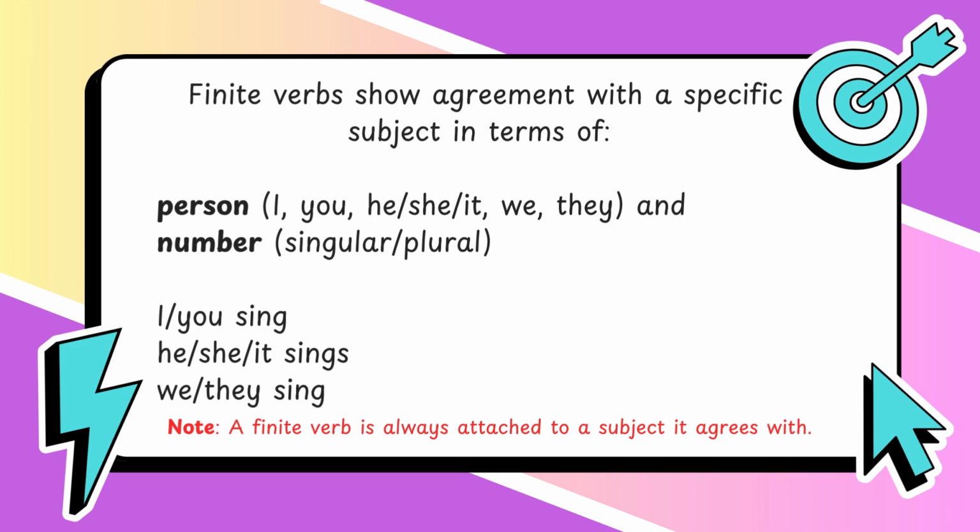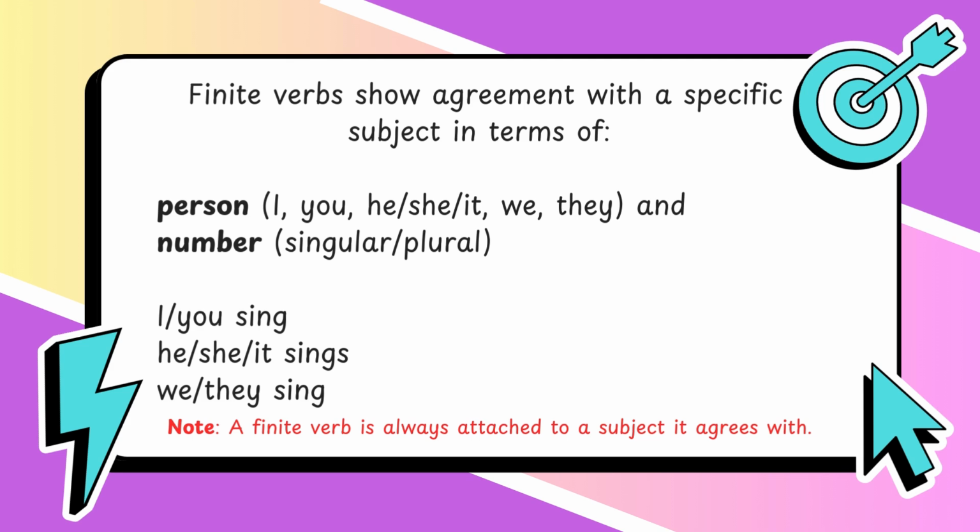So, to differentiate between a singular or plural subject, the action verb, which is a finite verb, takes an S when it is used with a singular subject. But when it is used with a plural subject, then it does not require the S. Now let's look at these examples below.